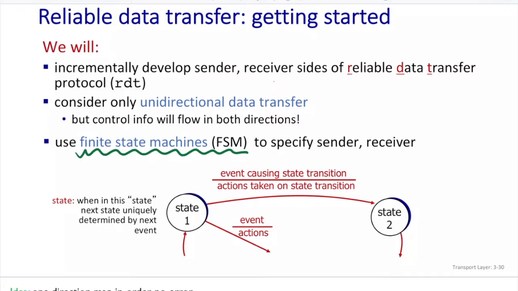So it's the same here. When you want to describe a very complex behavior like a protocol, we simply use a state machine to describe what the state of this program or this protocol is, and what input and output events can be observed in this system.